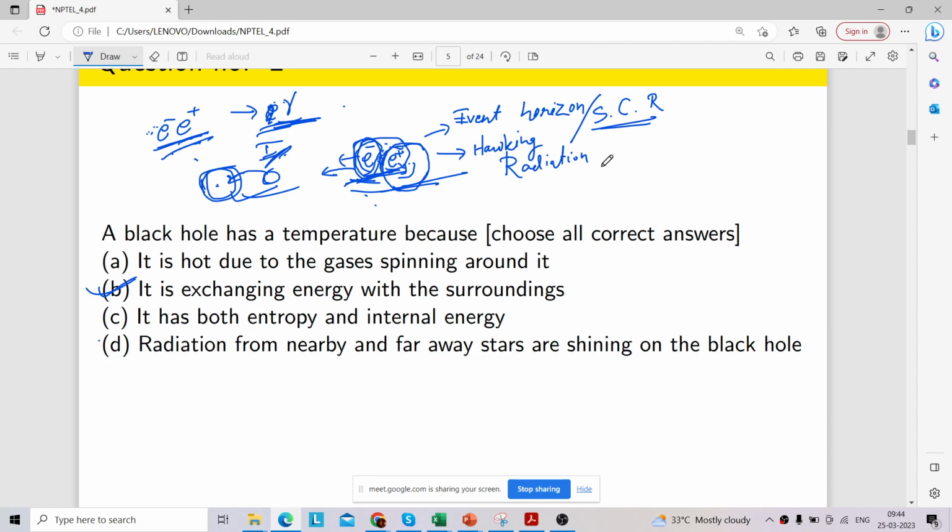And the next point is it has both an entropy and internal energy, right? So in recent developments, what we found is that black hole surfaces encode bits. Bits means what? Bits are a tiny form of information. So in other words, entropy is equivalent to information.